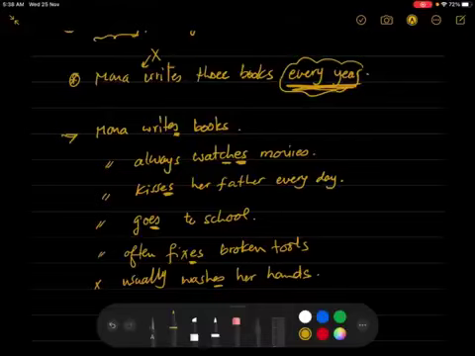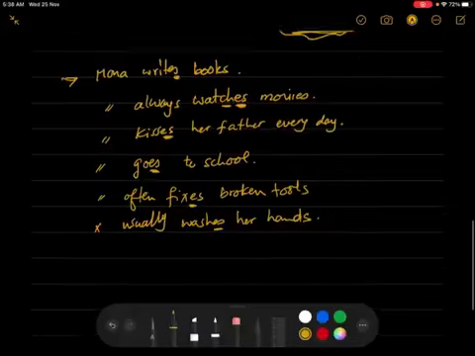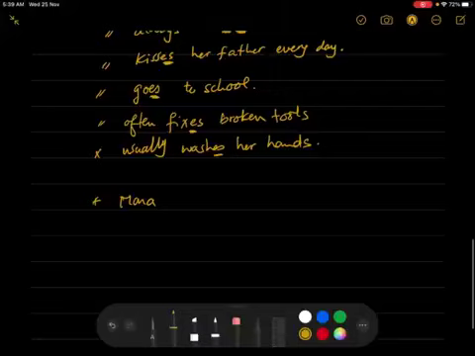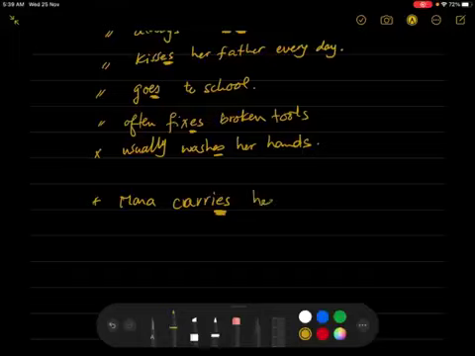And if the verb ends in a consonant letter plus y, we change the y into ies. But if the verb ends in a vowel plus y, we just add an s to it. For example, Mona carries heavy things.